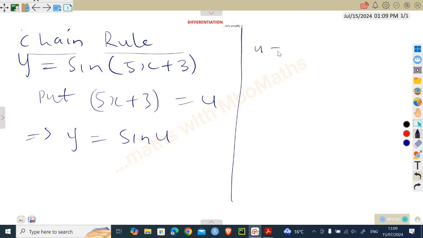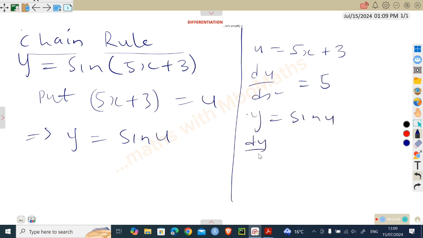If u is equal to 5x plus 3, du/dx means we differentiate this: the 3 becomes 0 because it's a constant, differentiating 5x becomes 5. So this one gives us 5. You can also say, y being sine u, dy/du is cos u. So you see, it makes it easier.